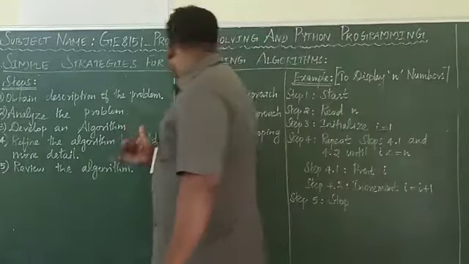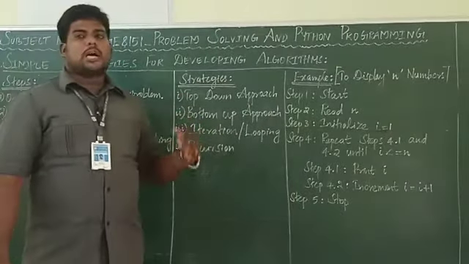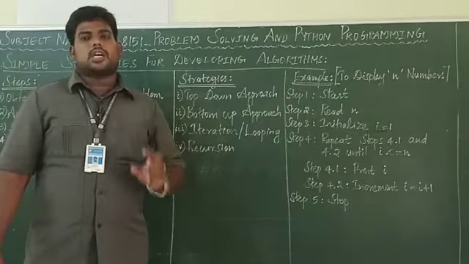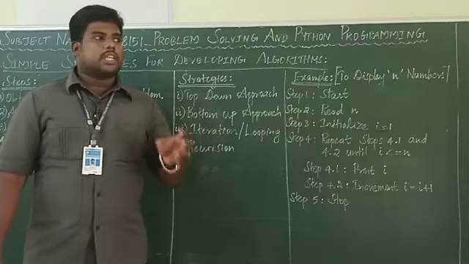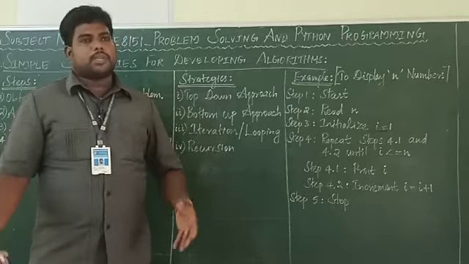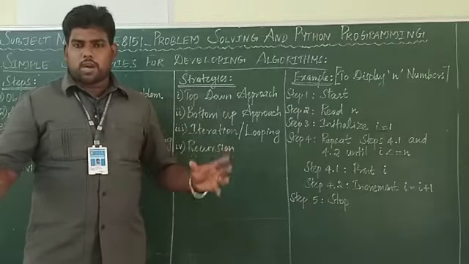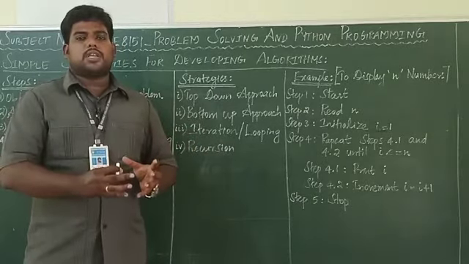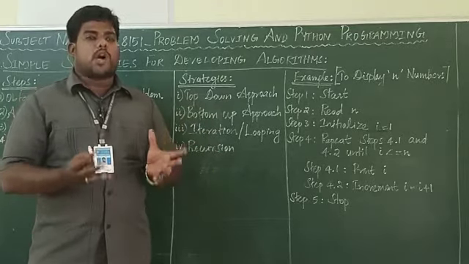The first 2, the bottom-up approach and the top-down approach, come under the modularization concept. What is the modularization concept? It is nothing but the function concept. For example, when one big problem is there, we divide the problem into small modules. Again the problem is divided into small submodules. This type of concept is called modularization.